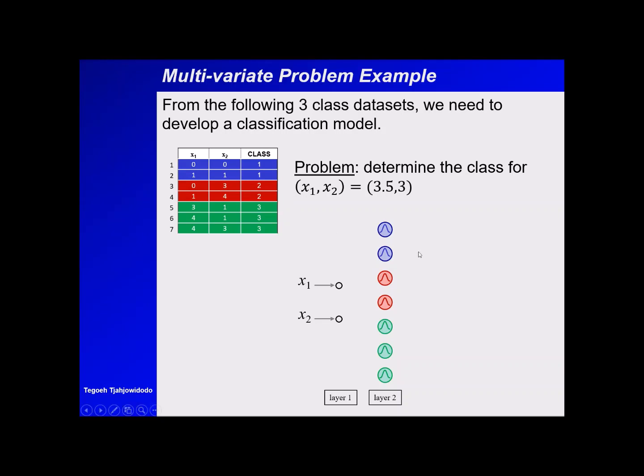For the first neuron, I will have a joint probability density function with the mean values 0 and 0. For the second neuron, same thing, a joint probability density function with a mean of 1 and 1. For the third one, a joint probability density function with a mean of 0 and 3, and so on and so forth, right?